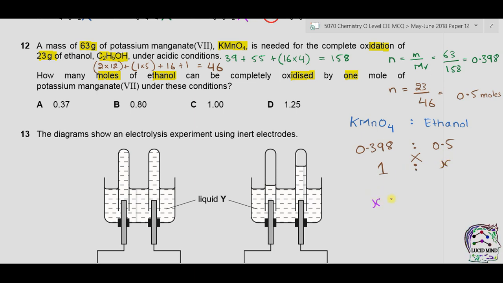So we have X into 0.398 equals 0.5. So the number of moles of ethanol comes equal to 1.25 moles. Correct answer is therefore D.